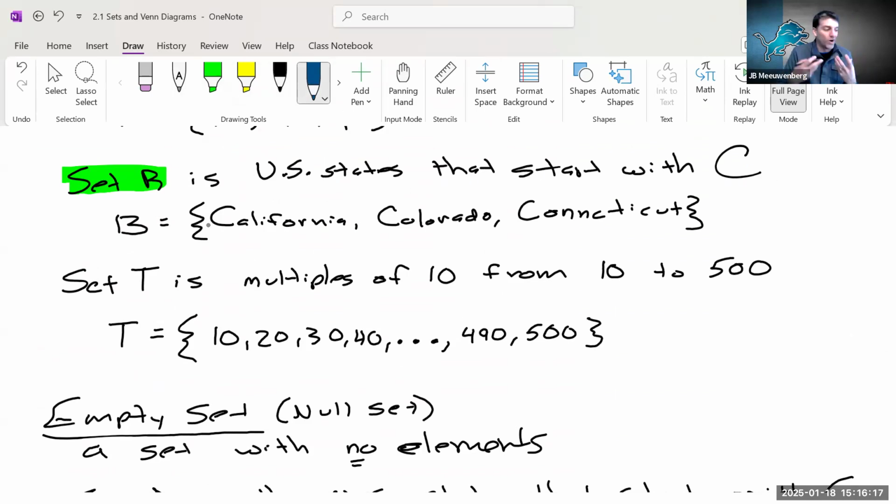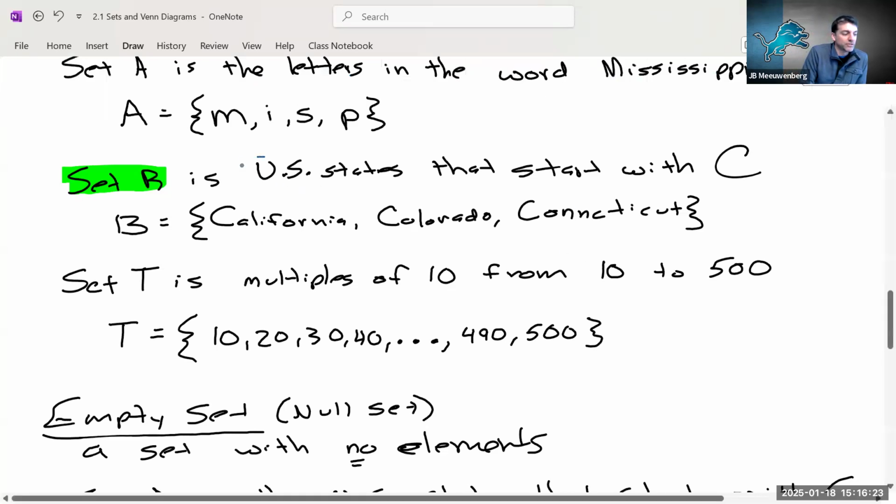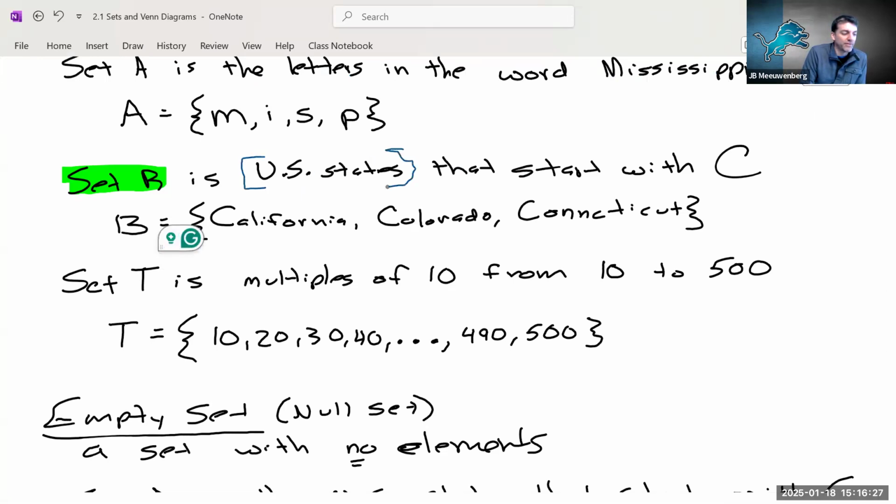Set B was California, Colorado, and Connecticut. But the universal set would have really been all the US states, right? Any state that's relevant to the problem. And so that would be what we would consider the universal set. The universal set is all US states. We were specifically looking at the ones that started with C.